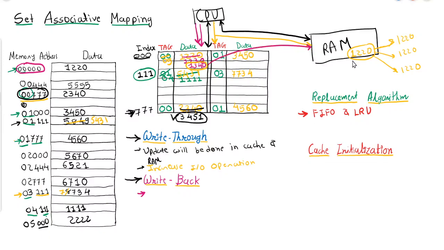Before the execution of this instruction, for let's say 2 or 3 times, all the other processes which are using this memory address 00000 will get only 1220, while the value in the CPU is 1340. So this is how write back will work.